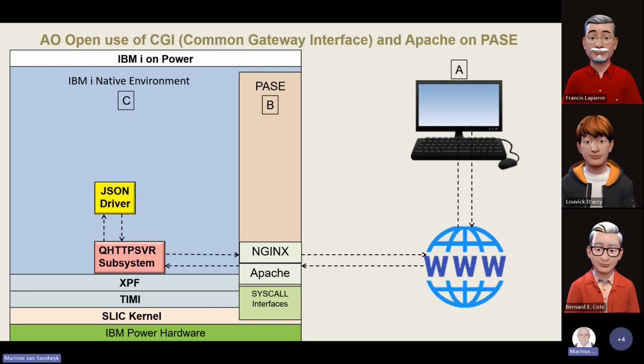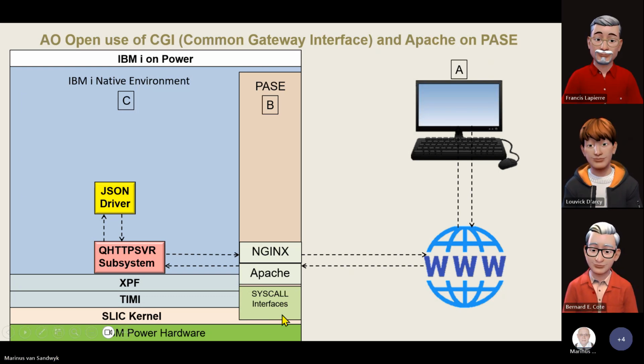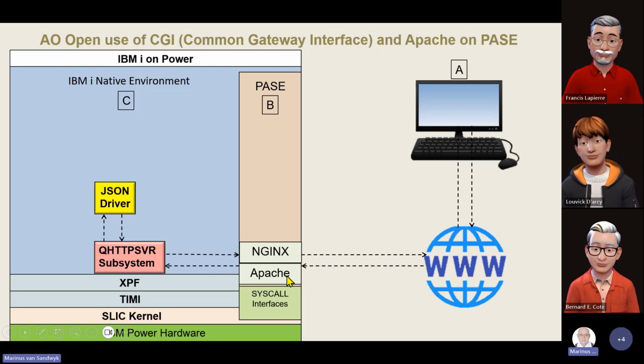So in our implementation, we're using Nginx as a reverse proxy, and the reverse proxy then communicates with Apache. So Apache is not exposed to the outside world. But it is extremely important to grasp the relevance of what I've indicated here.